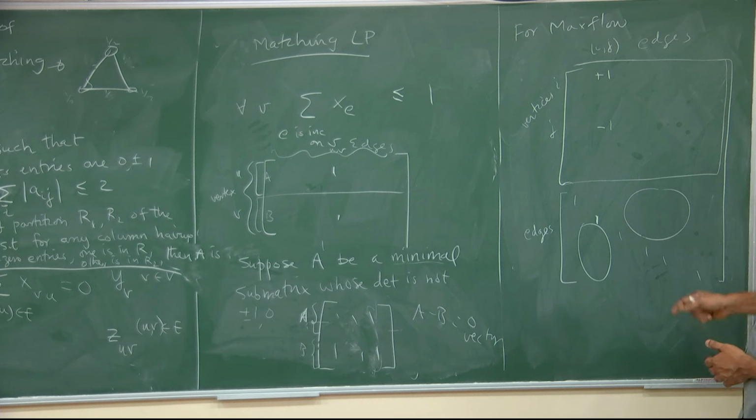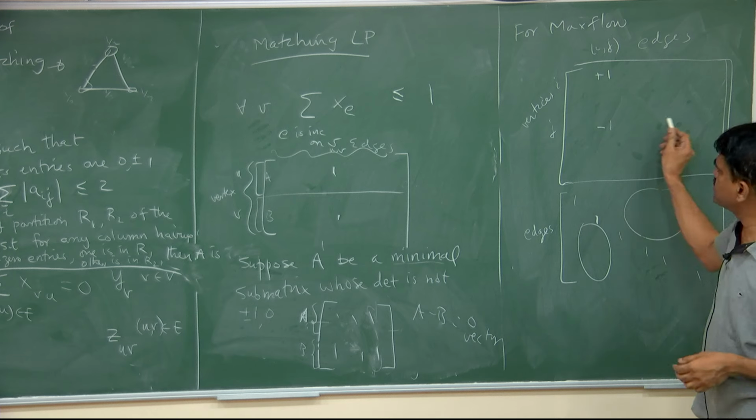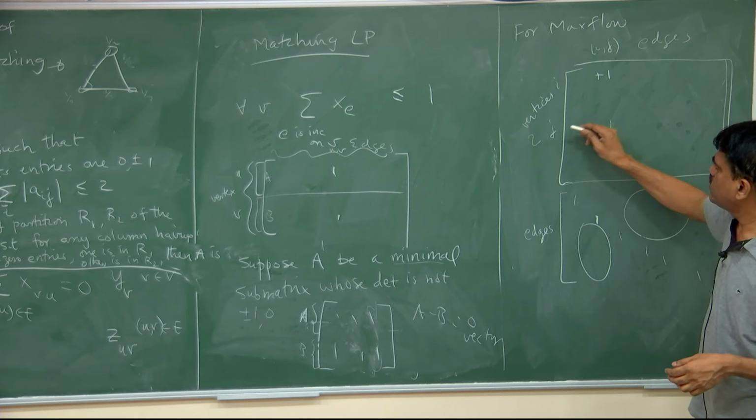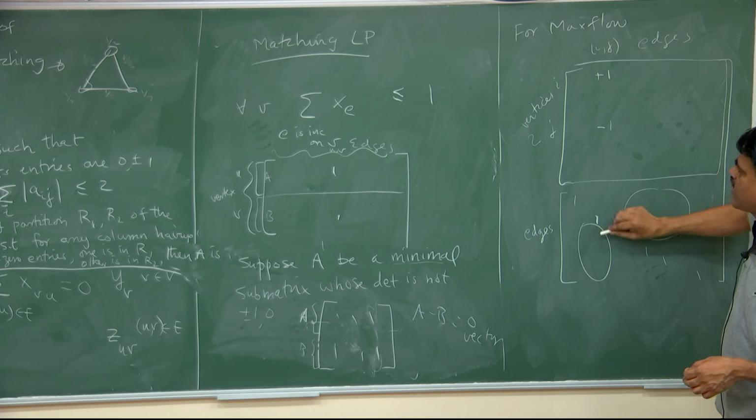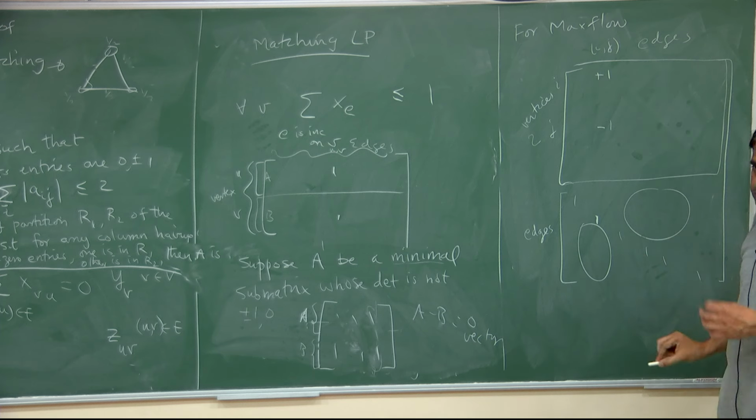If it includes some of these rows, then maybe you multiply these rows by 2 so that you get minus 2 and these two will add up and cancel out or something.